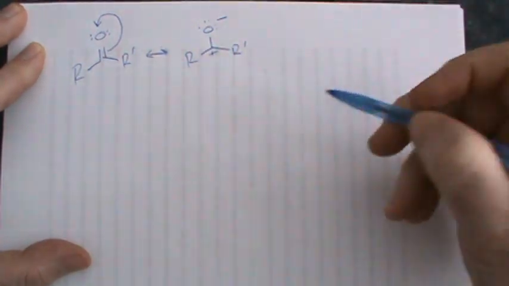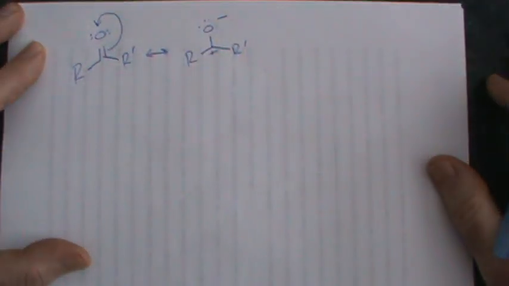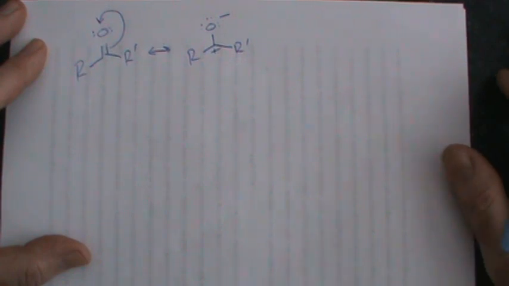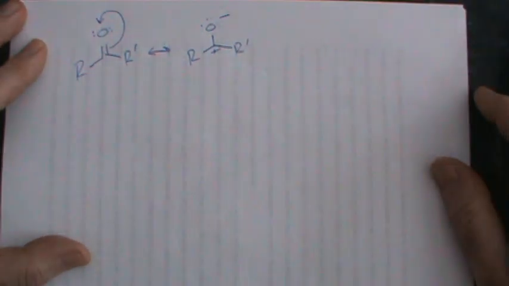What I've done is I've taken the pi electrons and I've placed them completely on the more electronegative oxygen atom. Again, we wouldn't do this if it was a carbon-carbon double bond, because those would be two carbon atoms with identical electronegativities. But in this case, because the oxygen is more electronegative, this is not an unreasonable resonance form.